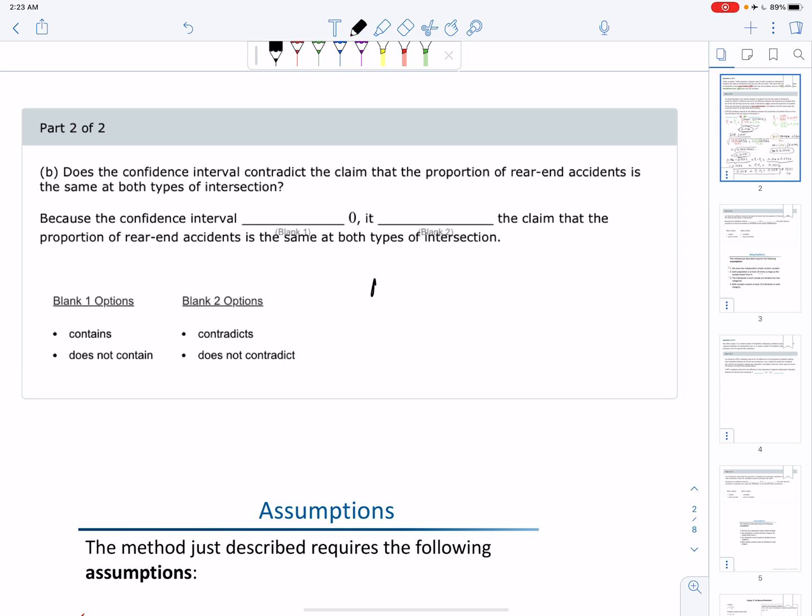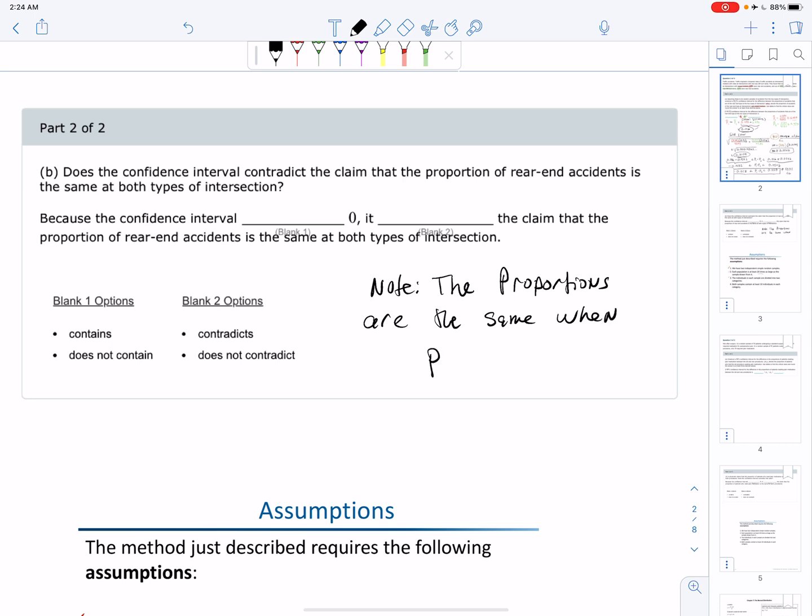Let's take a note. So the proportions are the same when what?